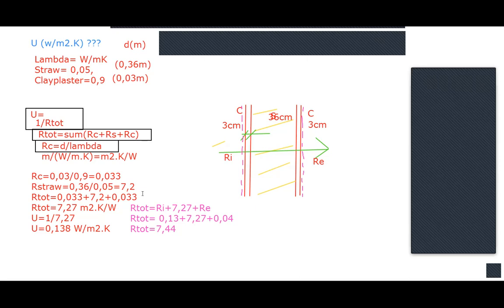When you imagine the straw bale with this size of 49 centimeters laid flat, the lambda is much worse, maybe 0.08, so almost double. This is maybe clear in the wall, but in the roof it should also be perpendicular to the heat flow. So it should also be 36 centimeters.